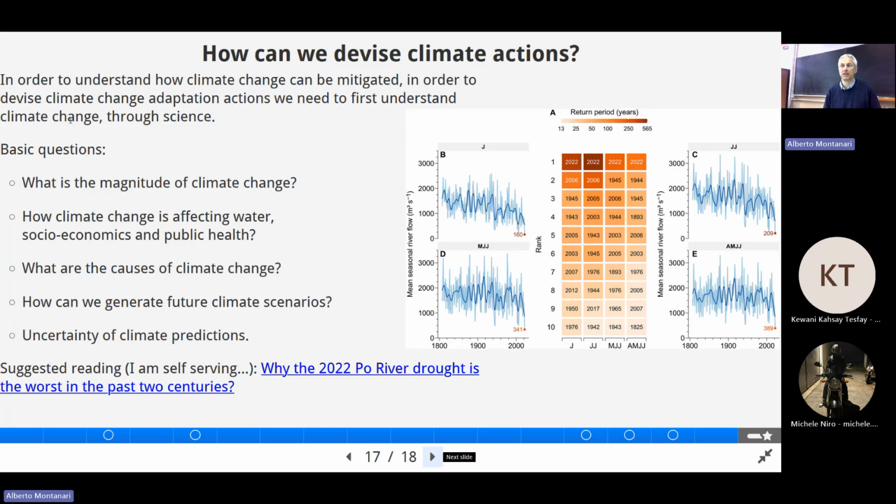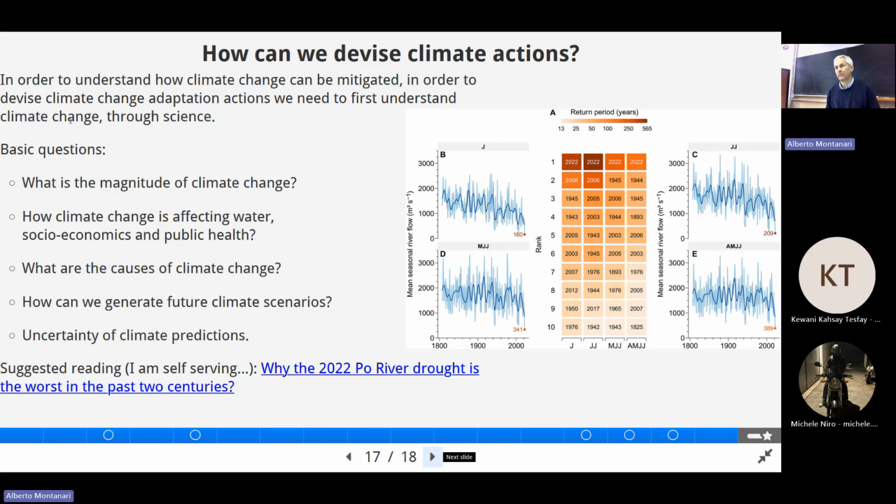The graphs depict the average flows in the 4 seasons: J, July, upper left; JJ, June, July, upper right; MJJ, May, June, July, lower left; and then April, May, June, July, lower right.